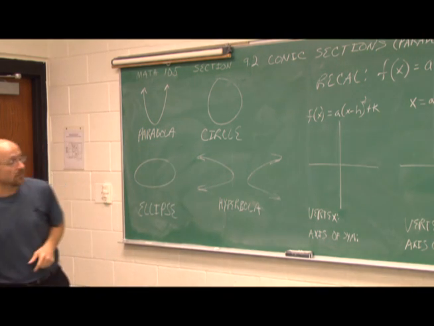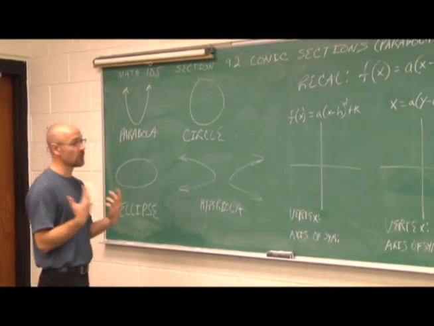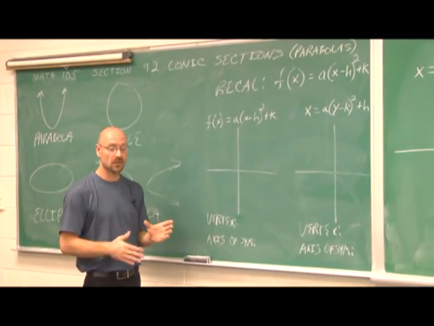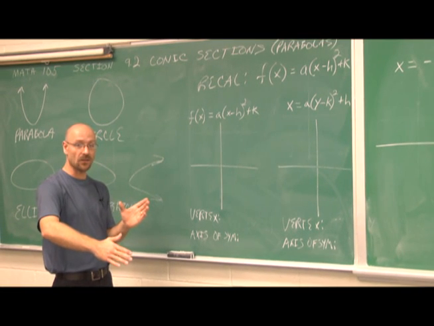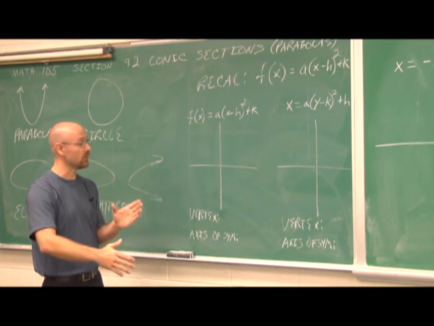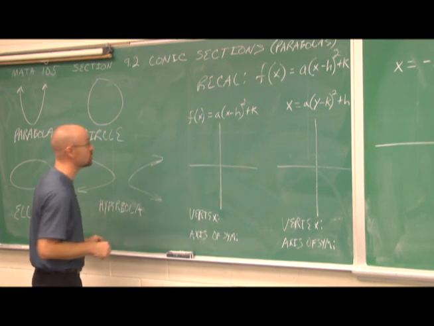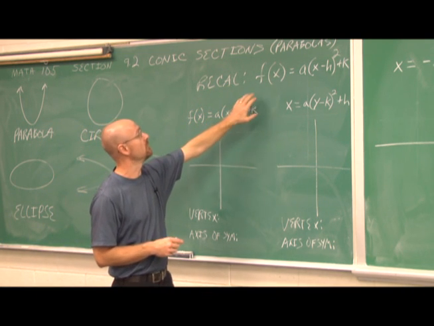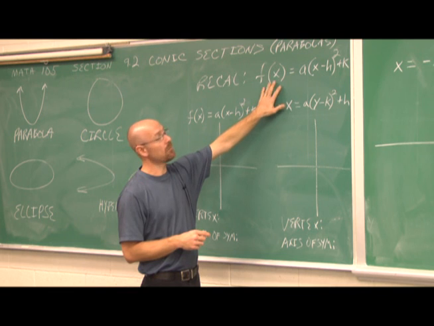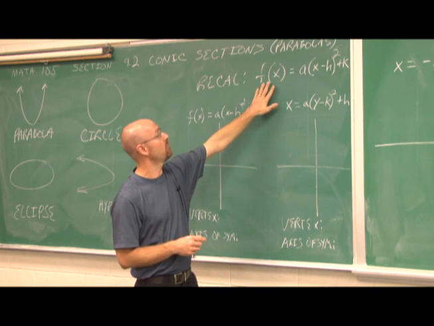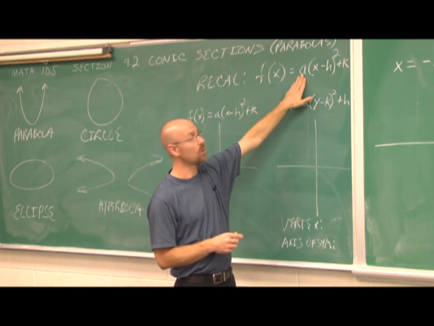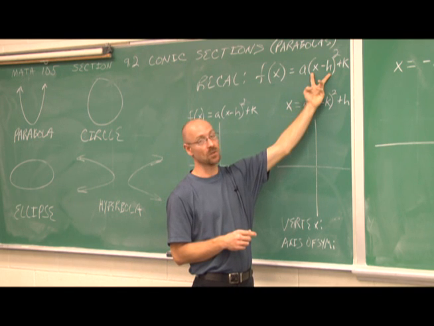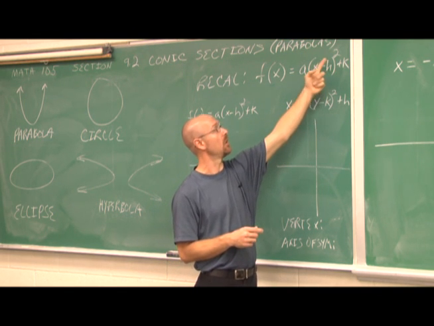All right. The next thing we're going to do is concentrate on parabolas, slicing that cone at an angle so that we just cut through part of it and get that parabola shape. Now, if we recall from chapter 7, a parabola can be written in standard form: f of x equals some coefficient a times the quantity x minus h, quantity squared.